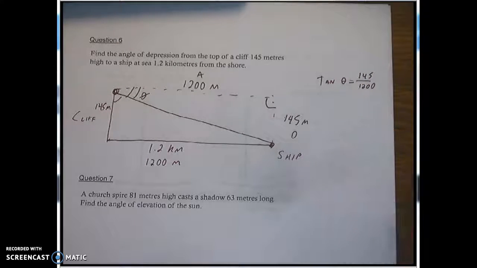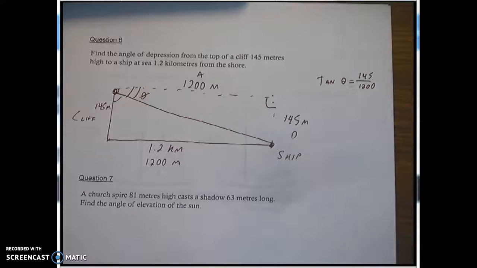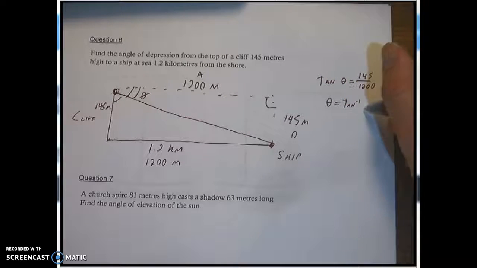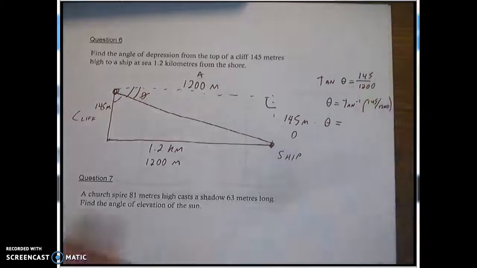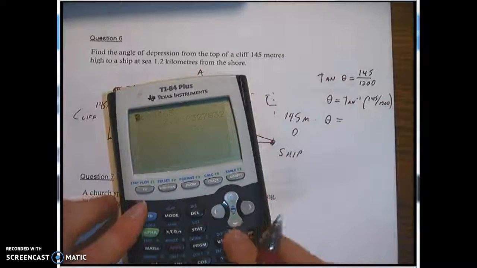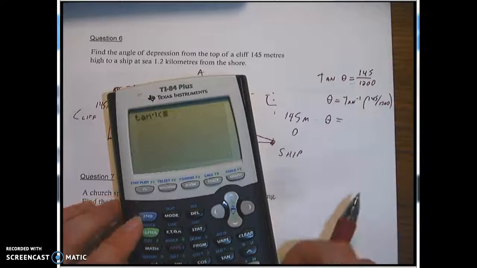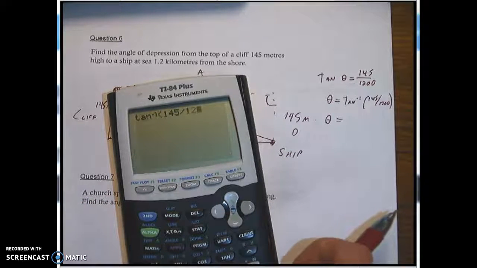And we're trying to solve for theta, that angle of depression. So to get rid of the tangent, we just use the tangent inverse. So in the calculator, I'm going to type in tangent inverse of 145 over 1200. And we'll let the calculator do the heavy lifting here. Tangent inverse of 145 divided by 1200.